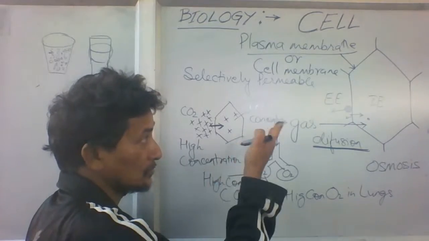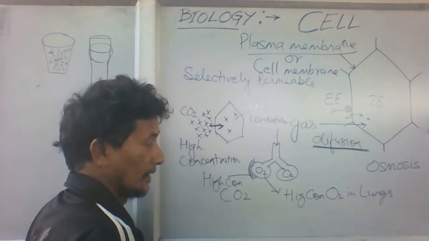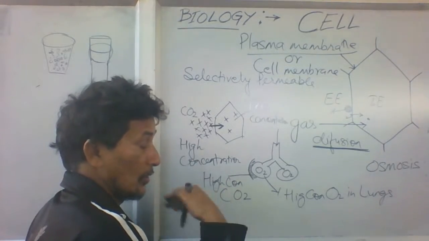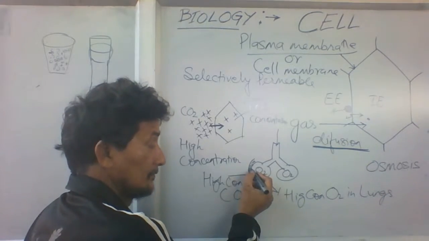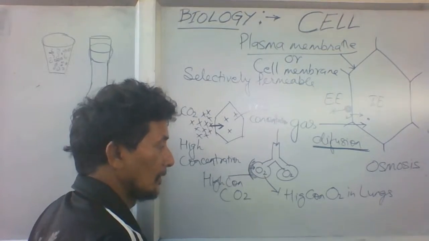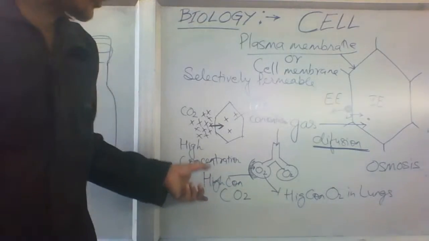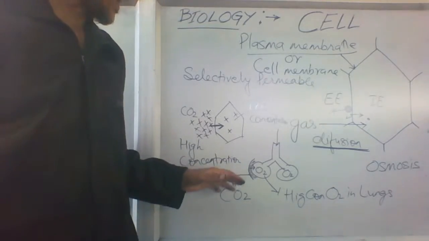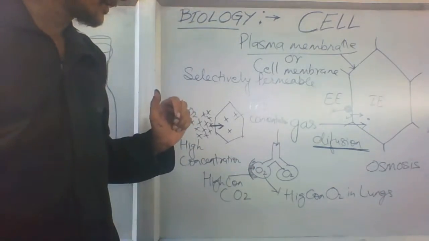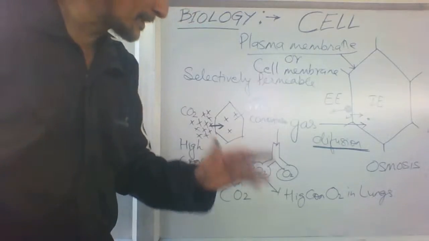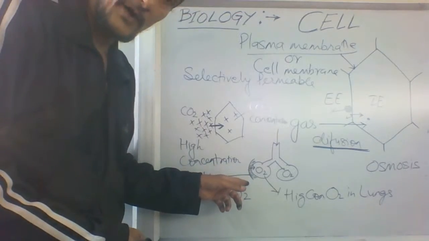Now what happens? I just told you, the diffusion phenomenon takes place in the cell membrane or plasma membrane. It means higher concentration to lower concentration, diffusion happens, and CO2 moves inside the lungs. CO2 is high in concentration in comparison with the lungs, and oxygen is high in concentration in comparison with the blood vessels.